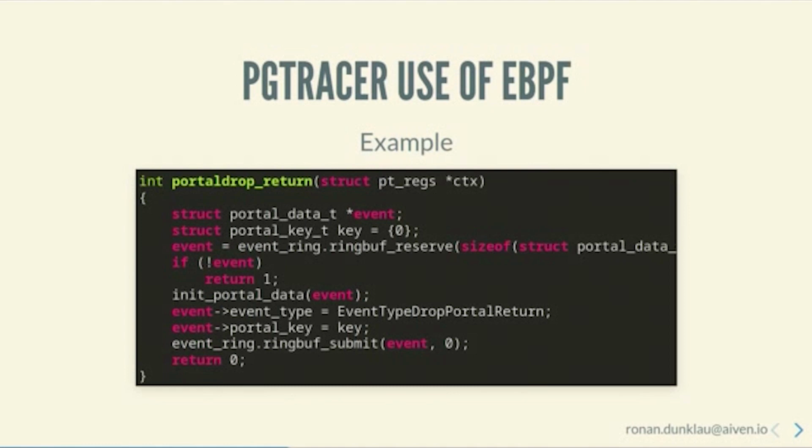So the general workflow is that we attach code. This code will be run every time a specific function inside Postgres is run. And then this code will send data using a ring buffer, data that can be exploited by the tool in user space.